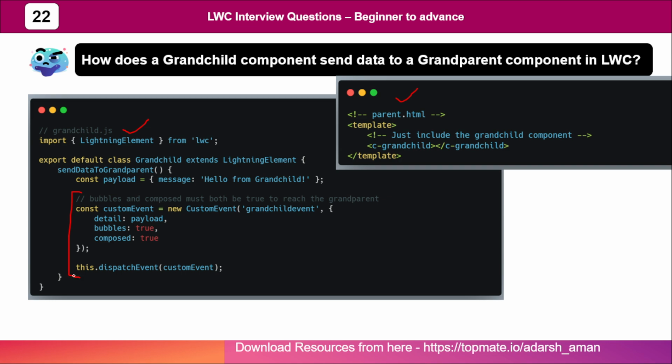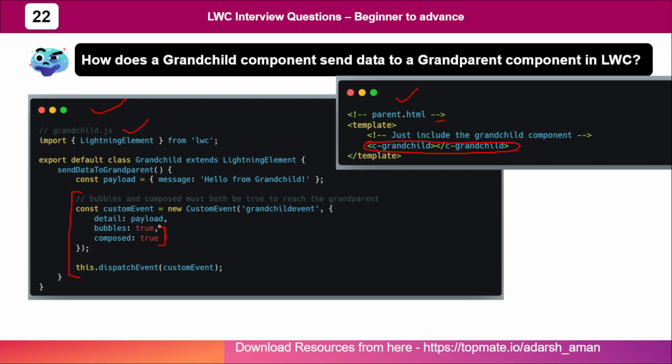So you are dispatching the event from the grandchild and this will go to the parent, because you have used the child component here, so this makes this component the child of that component. On the parent you don't need to handle the event because you have set bubbles true and composed true. So now the event will propagate to the grandparent.